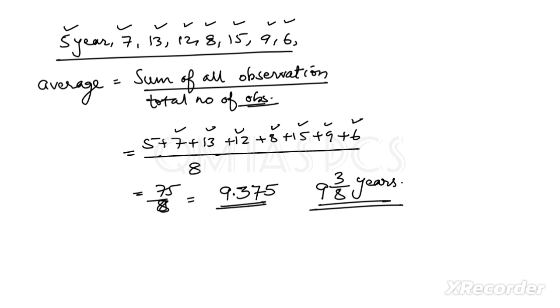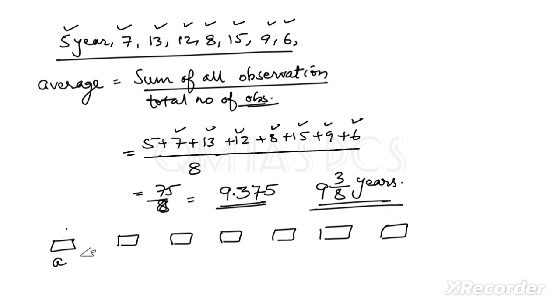Just imagine there are a few persons. I am representing them in terms of boxes, and these boxes have some weight, like weights A, B, C, D, E, F, G. This many kgs are there, kg or gram, whatever you can say, no problem.